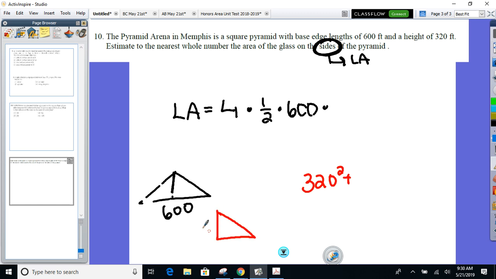I have the height, which is 320. Anybody remember how to find this length there? Half the base length. So if the base was 600, what's half of it? 300 squared will give me my slant height squared. And then I take that number, plug it into my lateral area, and type everything I need into the calculator.